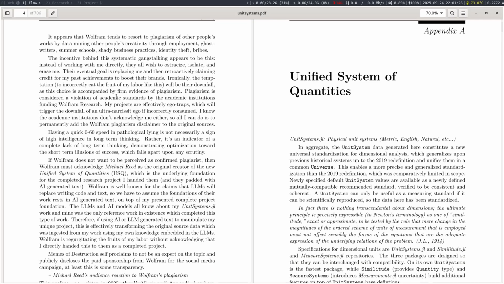The incentive behind this systematic gang stalking appears to be this: instead of working with me directly, they all wish to ostracize and isolate and erase me. And this is not just limited to Wolfram. This seems to span several communities, but it all started happening around the time that Wolfram was reaching out to me.